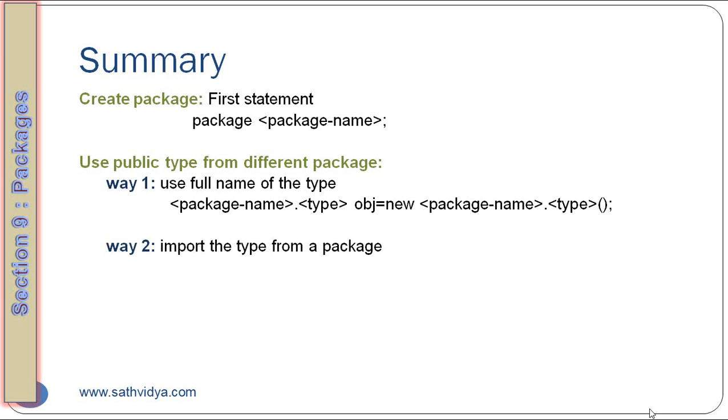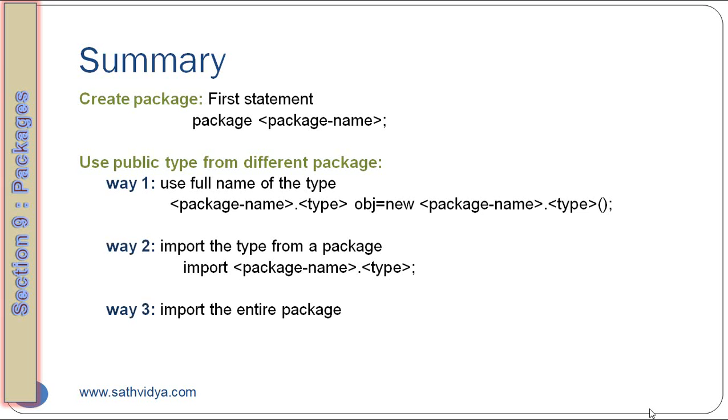Way two is you can import the type from the package. That means using the import keyword, you can always write just your type. If you are using only arithmetic operators in your file, then you can just import the package name dot arithmetic, that means operators dot arithmetic, into your file.